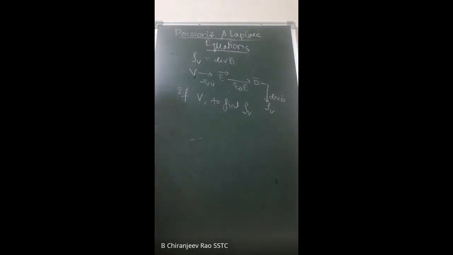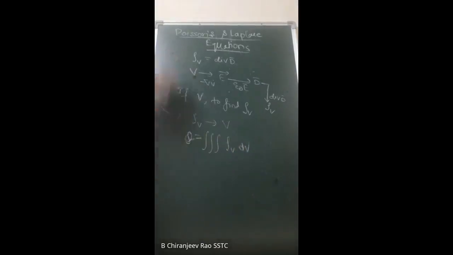Okay, so by Poisson's equation, you will get a direct relationship between V and rho v. This Poisson's equation gives a direct relationship between rho v and potential V. Then you can find Q as Q is equal to triple integration of rho v dv.